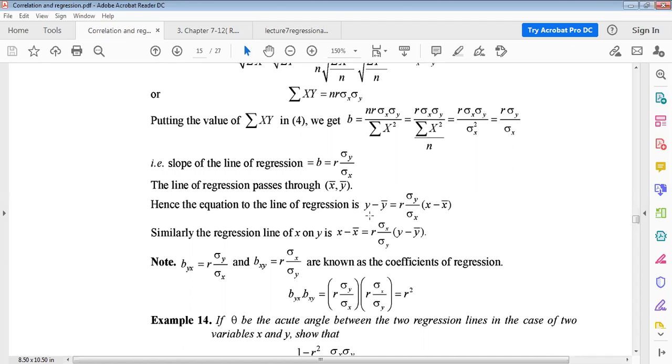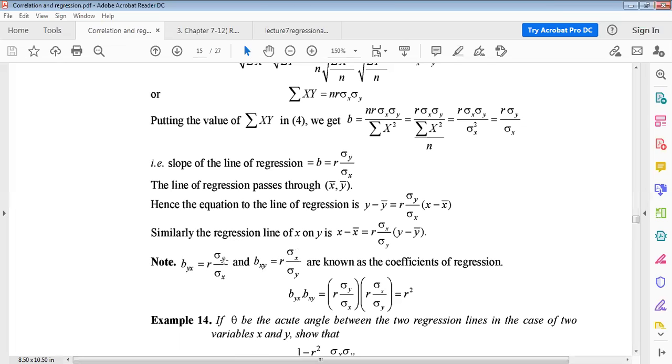Here byx equals r sigma y divided by sigma x, and bxy equals r sigma x divided by sigma y; these are known as the coefficients of regression. Understand? If byx, then sigma y will be in the numerator, and if bxy, then sigma x will be in the numerator.